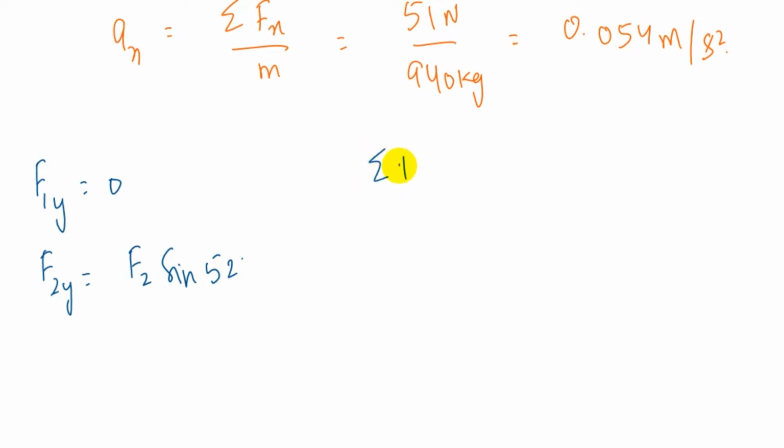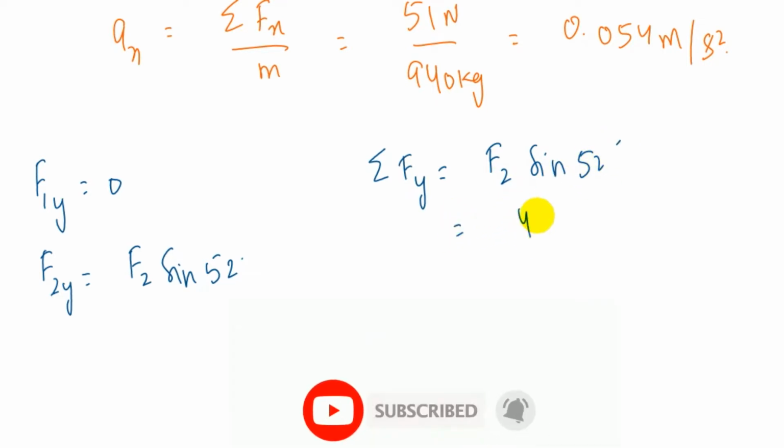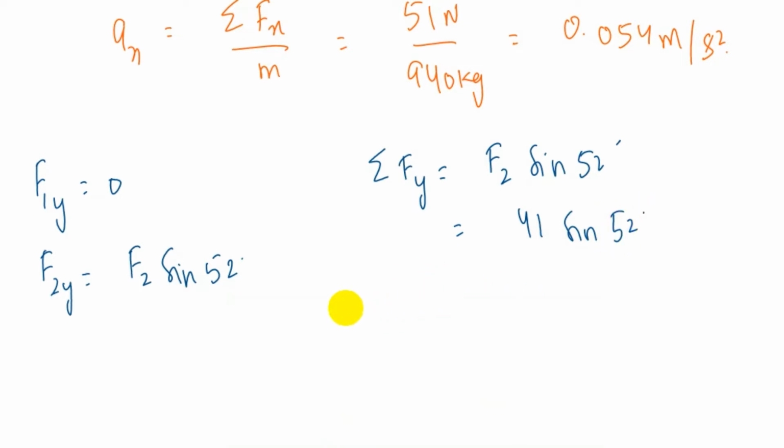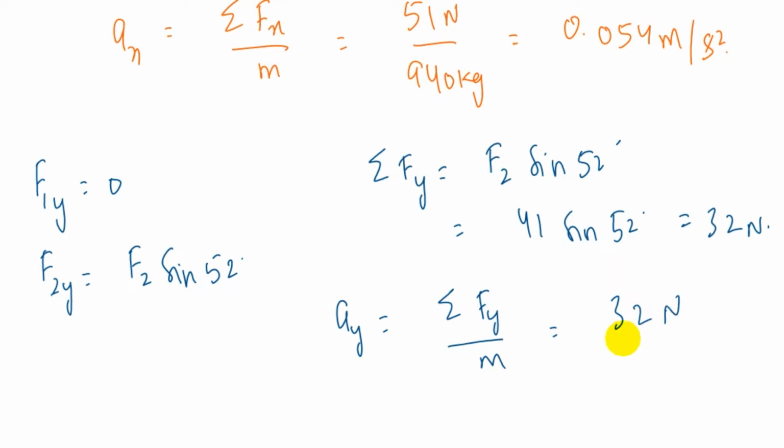So sigma Fy is only F2 sine 52 degrees, which is 41 times sine 52 degrees. This value comes out to be 32 Newton. So ay would be sigma Fy divided by the mass: 32 Newton divided by 940 kg. So the acceleration of the satellite along the y direction is 0.034 meter per second squared.